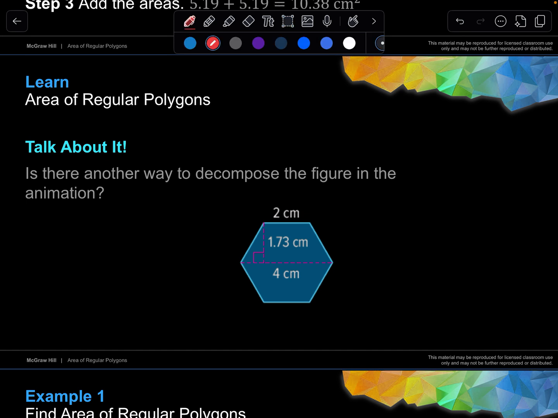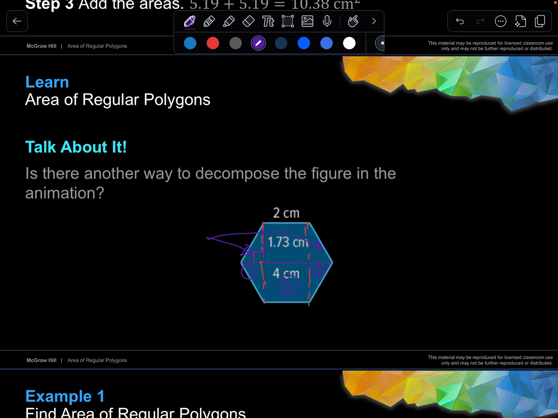Well, you could decompose it into a rectangle and two congruent triangles over here. So those would be your sections 1, 2, and then this rectangle.